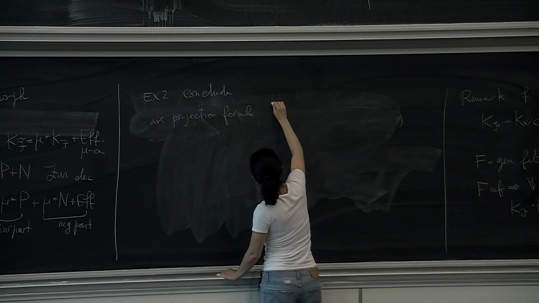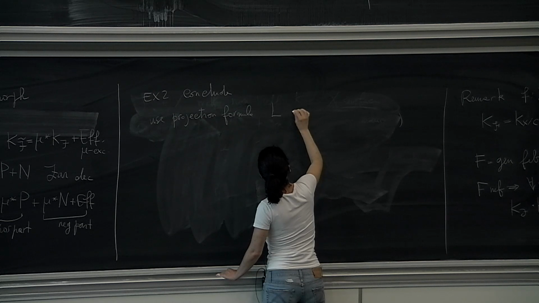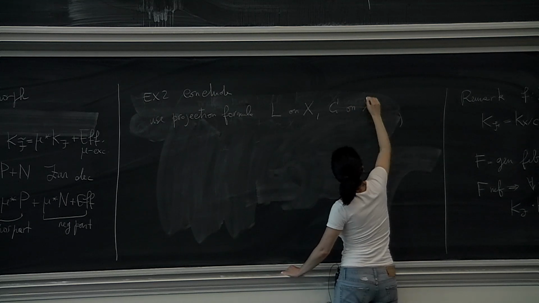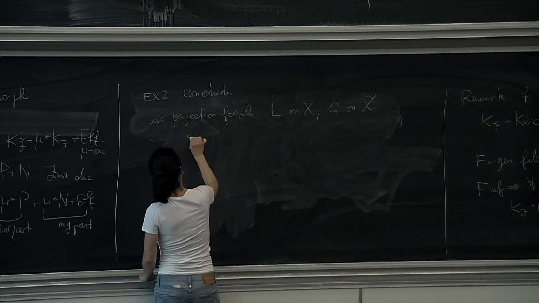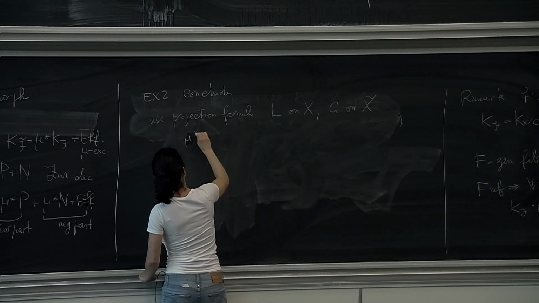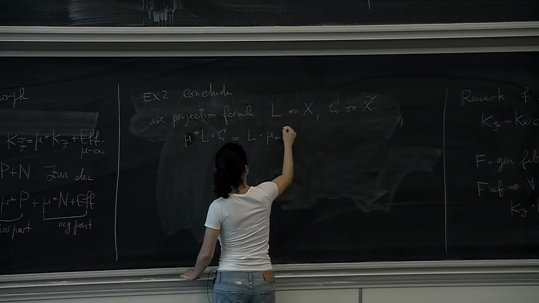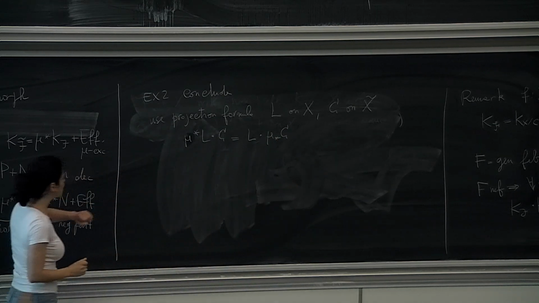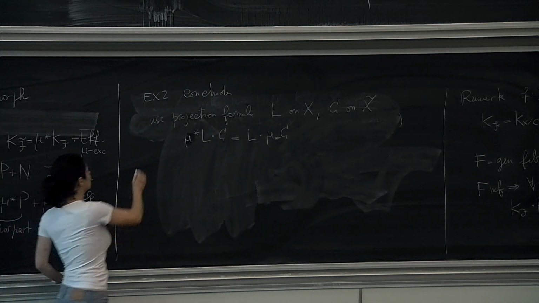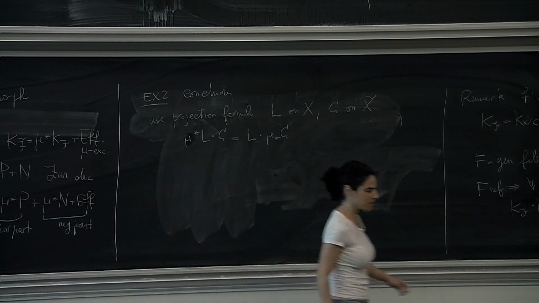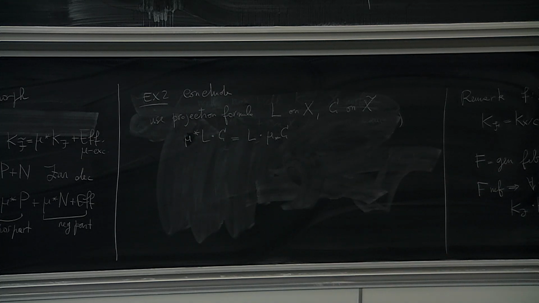So if you have L on X and C on X tilde, then this intersection product equals this intersection product. So the projection formula has to be used here and also here. Okay? It's not difficult, and I think it's a nice exercise, the first one, to understand a little more the Zariski decomposition.